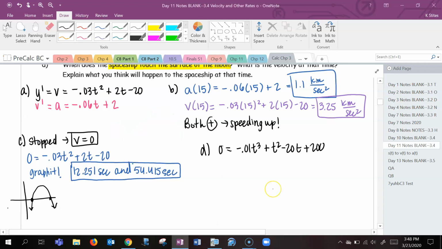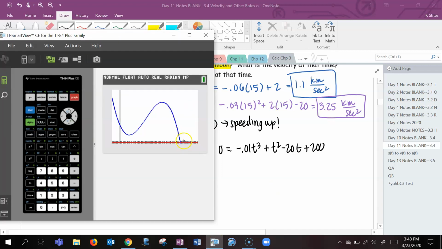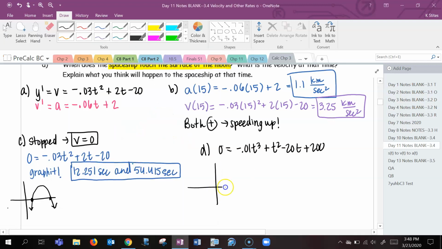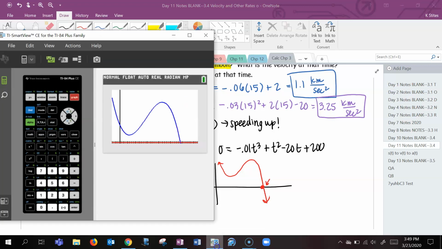So, alright, when does the spaceship touch the surface of the moon? That would be right here. Okay, surface of the moon, because I'm dealing with position. So this is when position is 0. So let's go ahead and find it. 77.531.